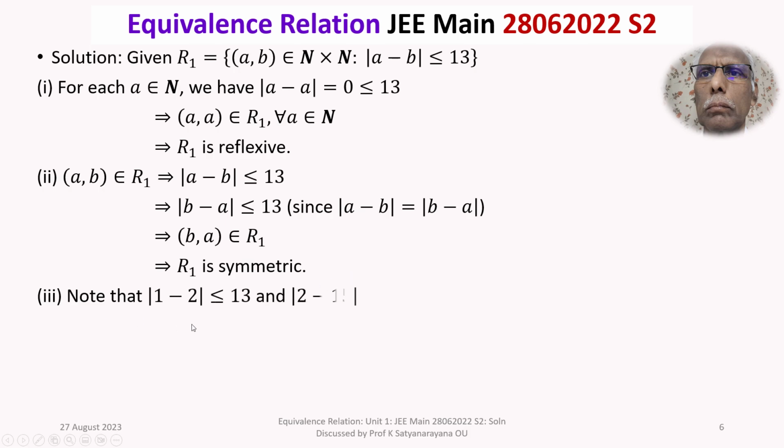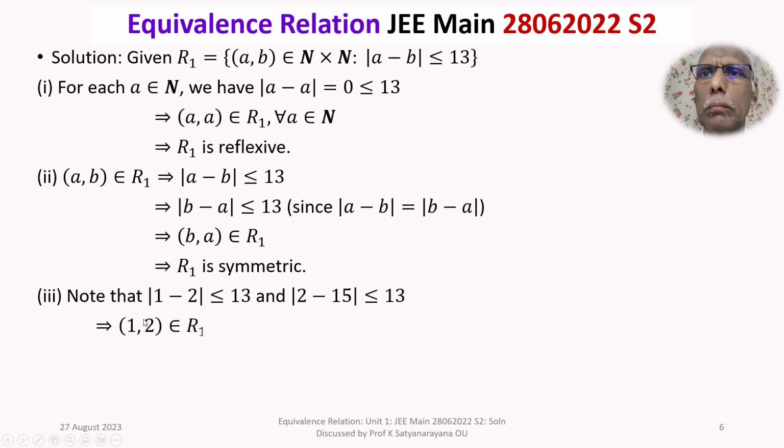The third property, transitivity. Note that mod of 1 minus 2 is 1, less than or equal to 13, yes. Mod of 2 minus 15 is 13, equal to 13, it's okay, so less than or equal to 13.